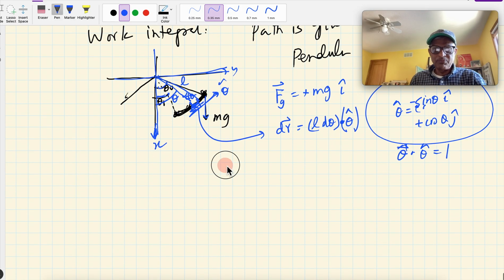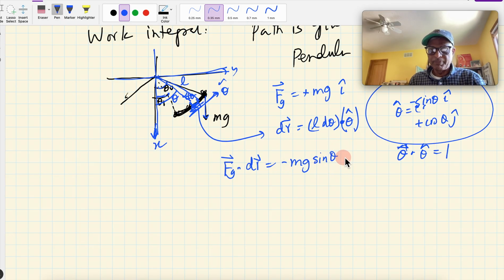And if you do Fg dot dr, it's going to be mg sine theta d theta.